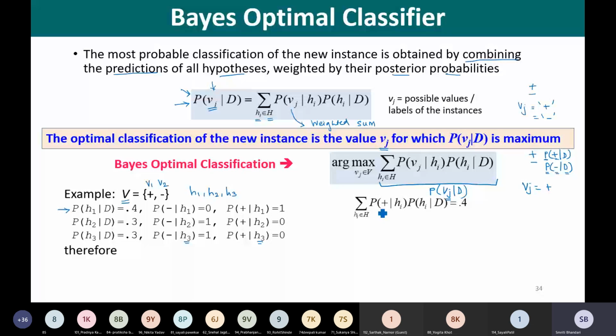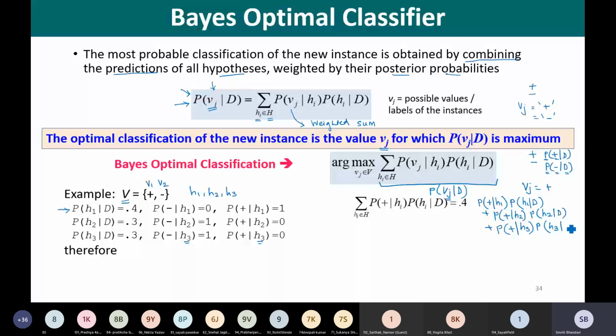So obviously here we should have probability of positive given H1 times probability of H1 given D, plus probability of positive given H2 times probability of H2 given D, plus probability of positive given H3 times probability of H3 given D. As we have three hypotheses, we compute this sum.